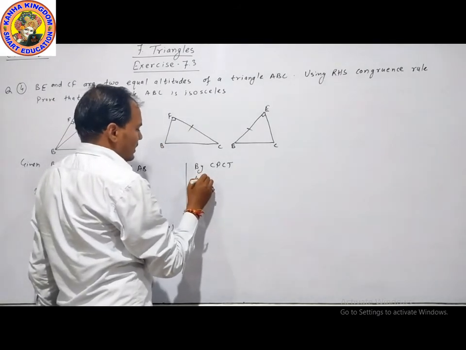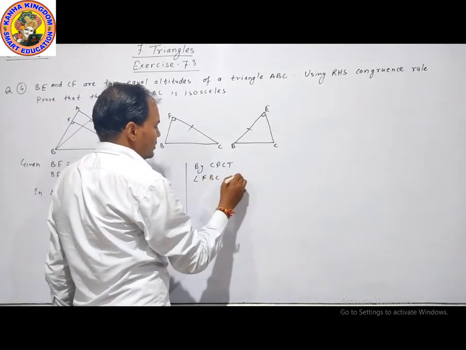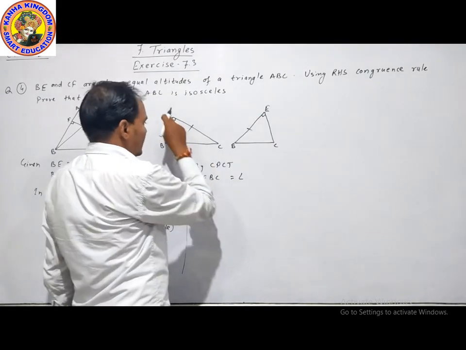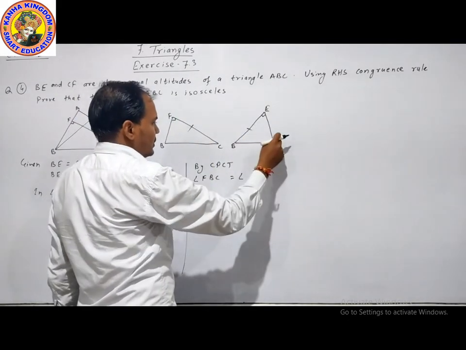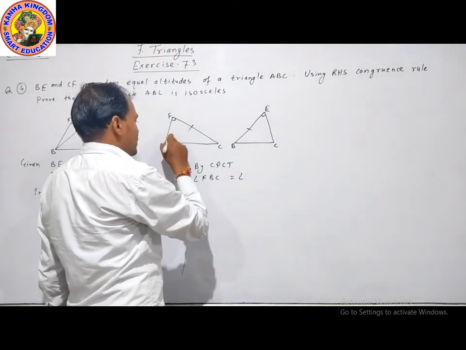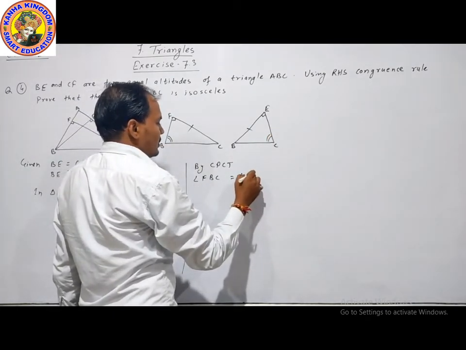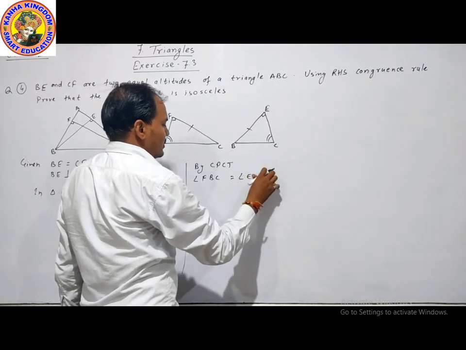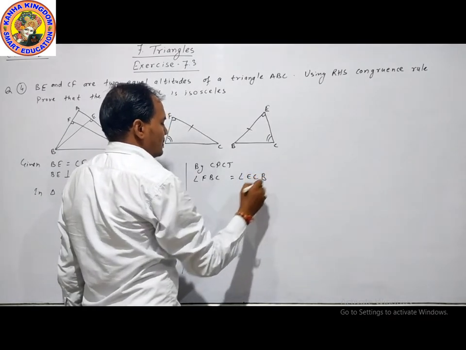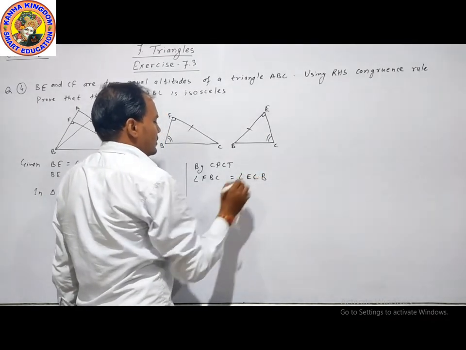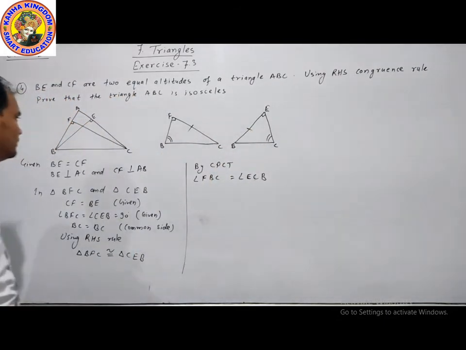So angle FBC is equal to angle ECB. This one and this one are equal. These angles are equal in this diagram.